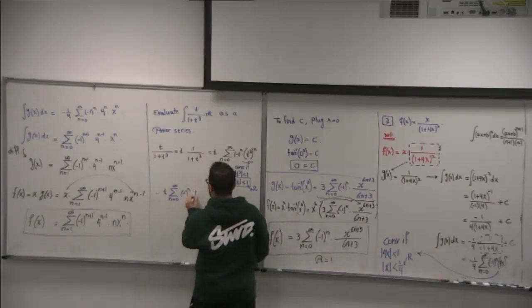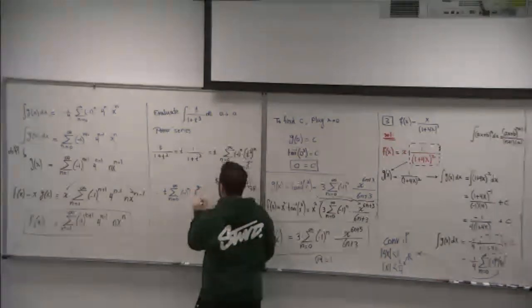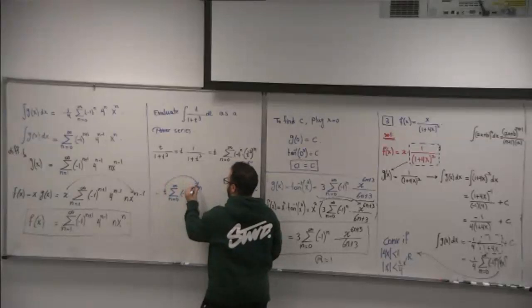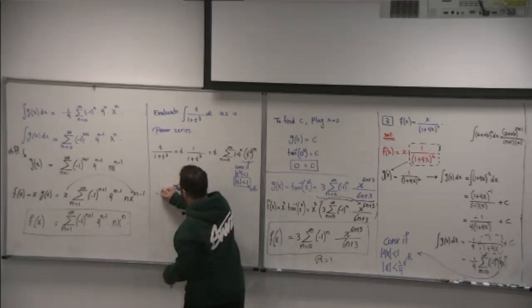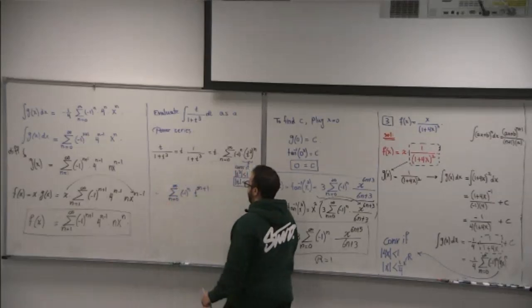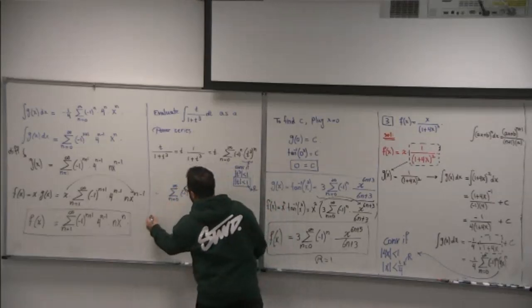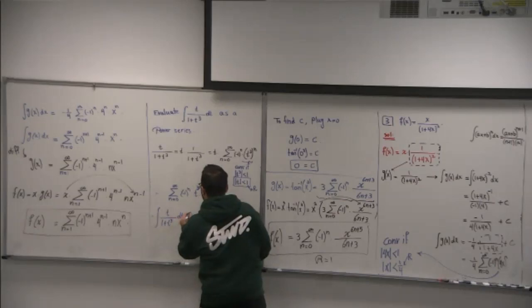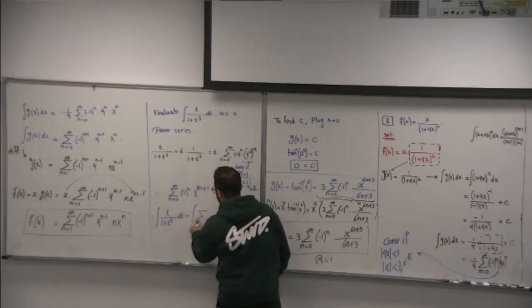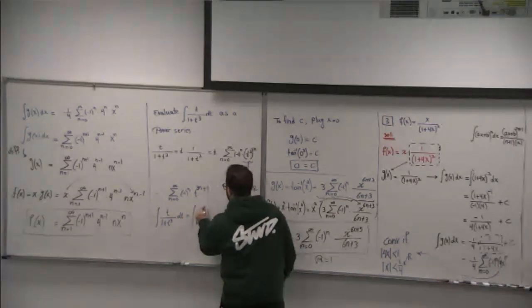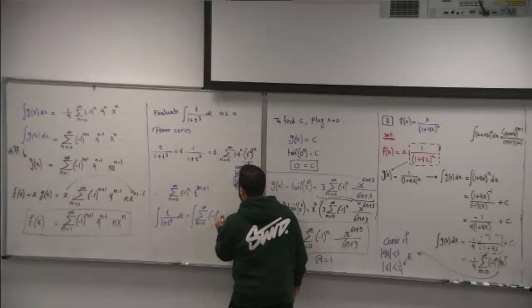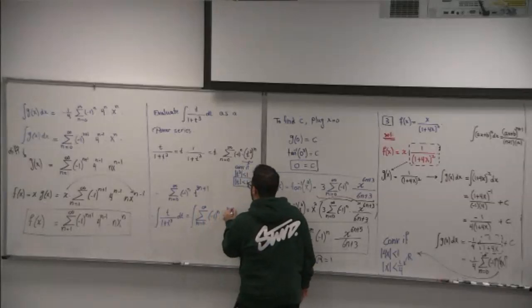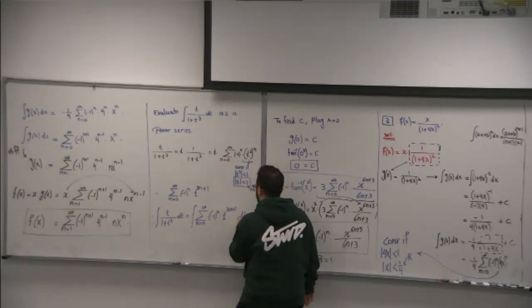So this is t power 3n. And then insert the t, so it becomes plus 1. Okay? So now, the integration of that function is the integration of that power series, again with dt here.